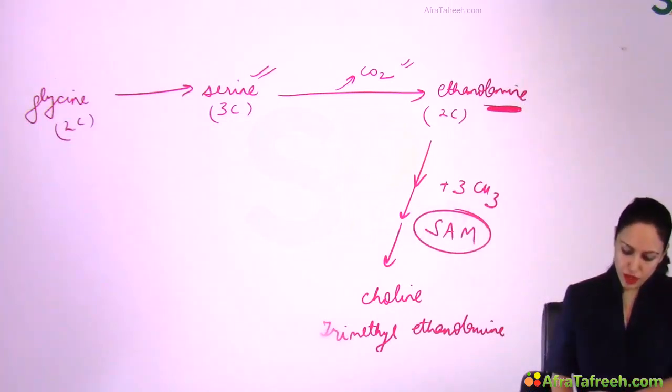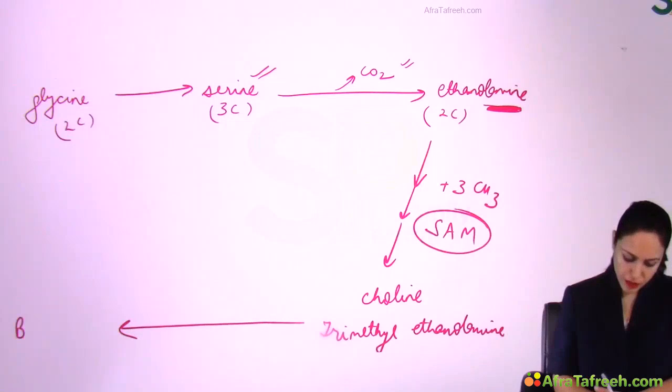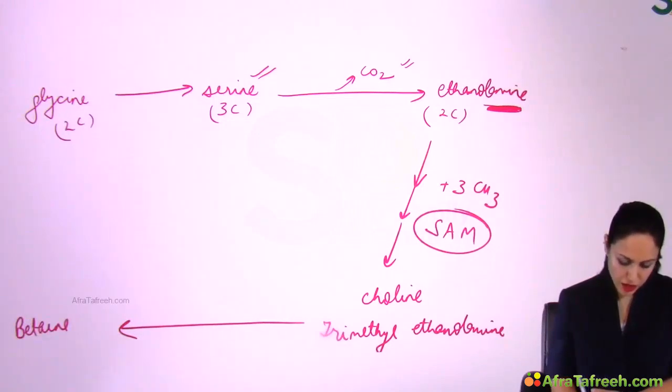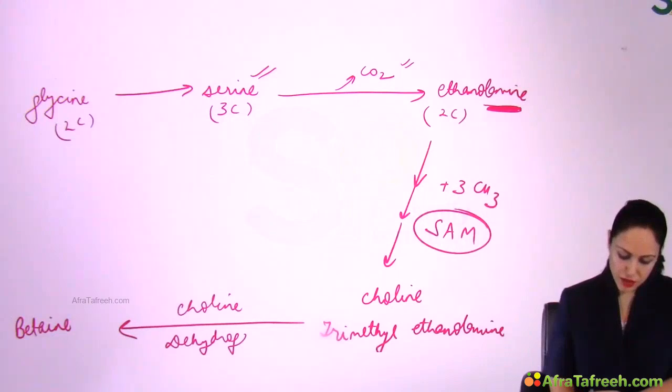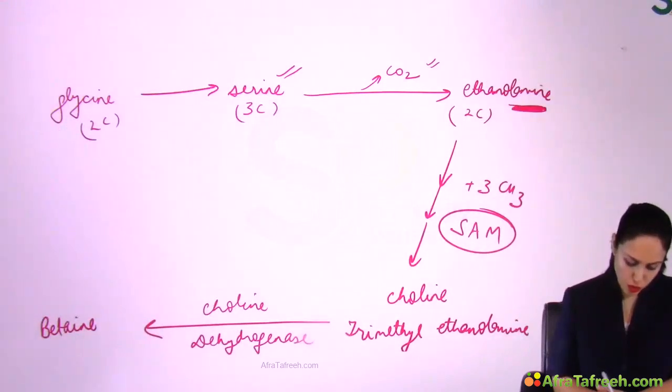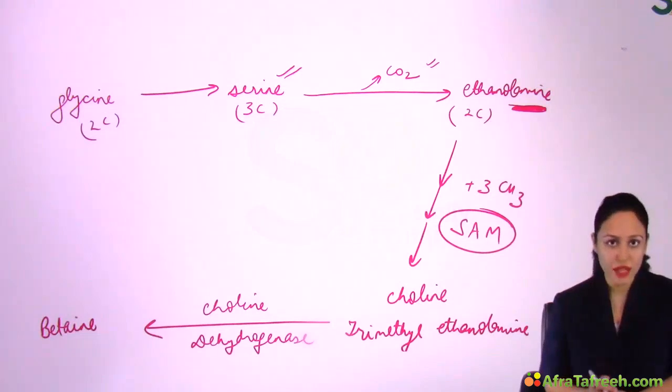Now trimethyl-ethanolamine or choline will be converted to betaine, and here the enzyme is choline dehydrogenase. This betaine is also called trimethyl glycine. Choline is trimethyl ethanolamine, and betaine is trimethyl glycine.